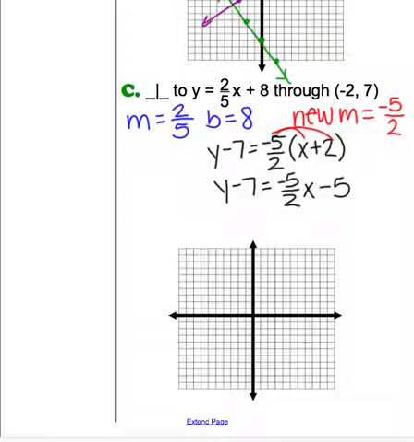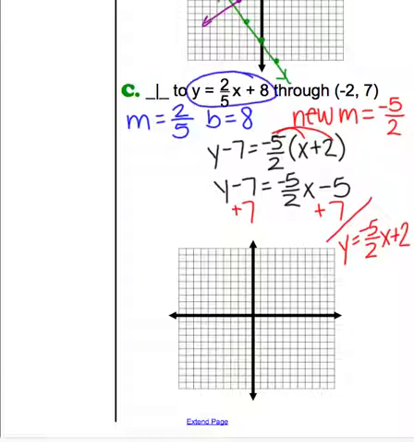Then we can add 7 to both sides, giving us an equation of y equals -5/2 x plus 2.